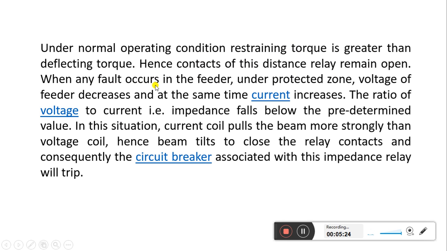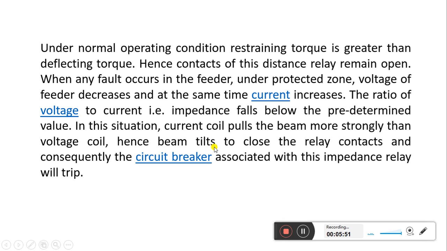Now when any fault occurs in the feeder under the protected zone, the voltage of the feeder decreases and at the same time the current increases. So the ratio of voltage to current, that is the impedance, falls below the predetermined value, and in this situation the current coil pulls the beam more strongly than the voltage coil.